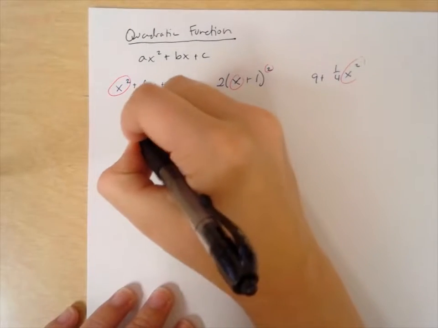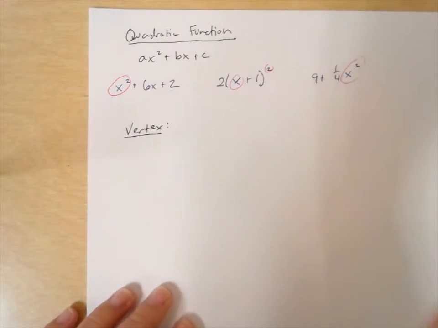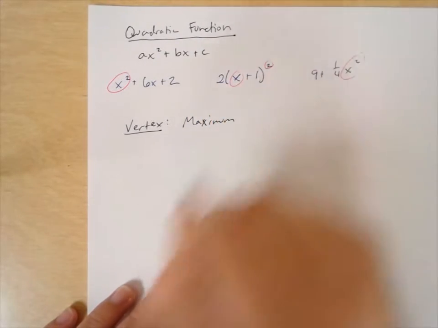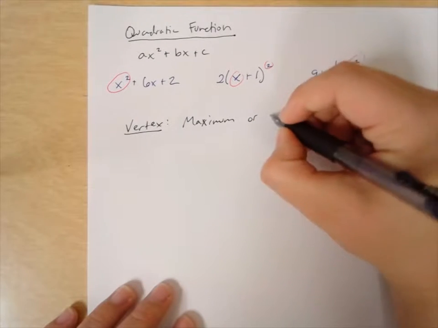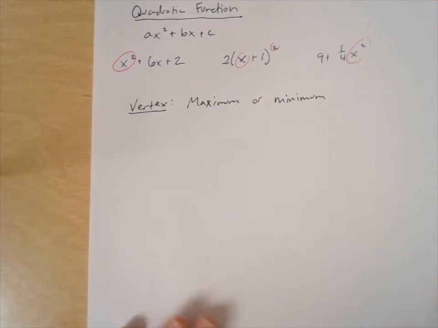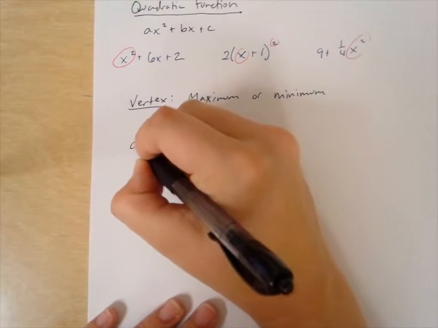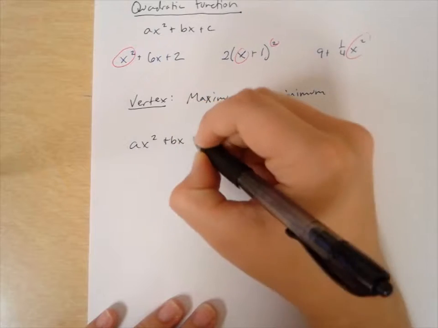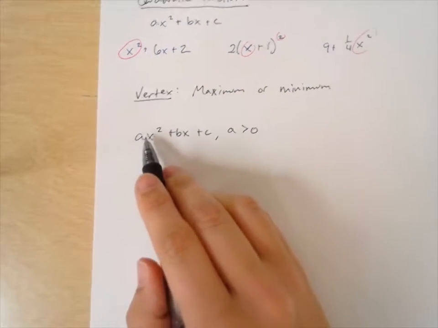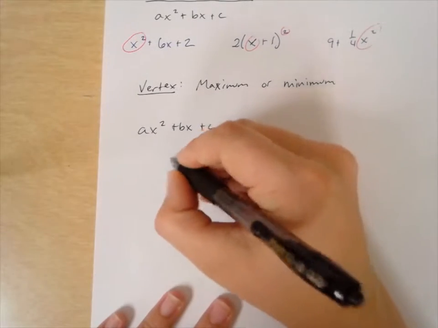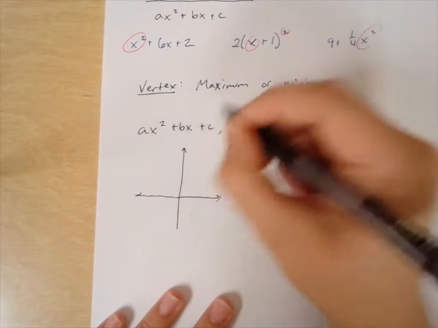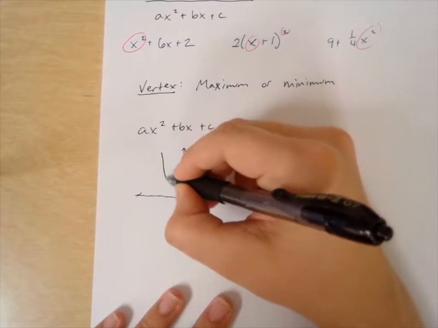The vertex of a quadratic function is also its maximum or minimum value, and that is determined by whether the parabola opens up or down. Here's what I mean. If we have the classic ax squared plus bx plus c, where a is greater than 0, a is a positive number, then we have a parabola that opens up.